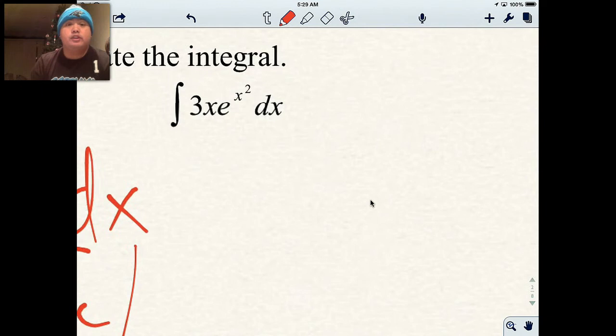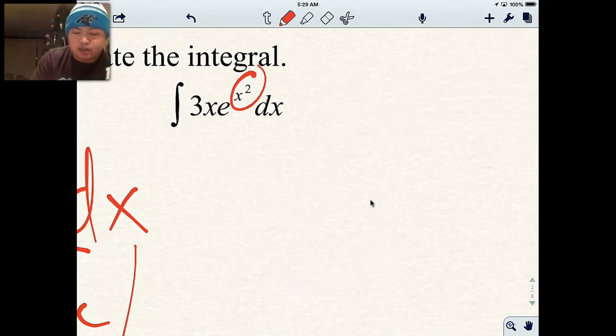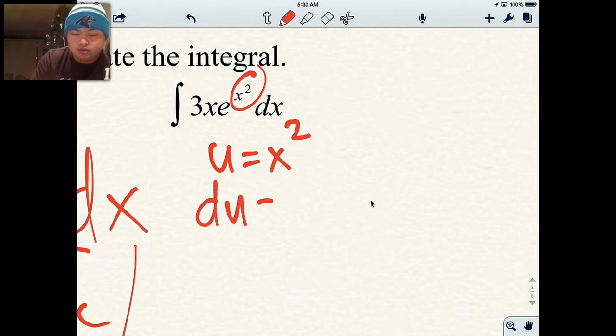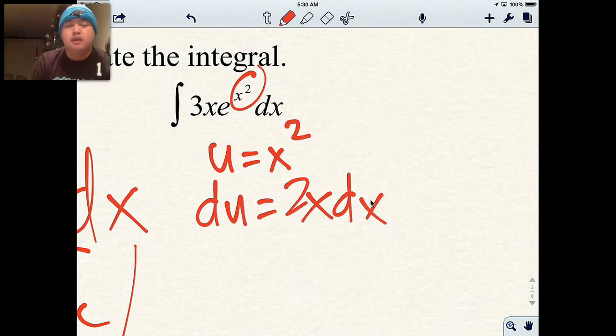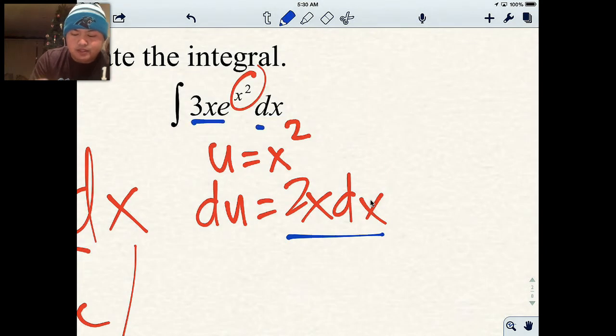In the second one, you'll notice that it's one step more difficult. I have a function within a function, but there is no chain rule for antiderivatives. There's only u substitution. So in this particular case, I'm going to say u is x squared, which makes du 2x dx. And you may notice in this problem, I have a 2x dx, but my problem has a 3x dx.